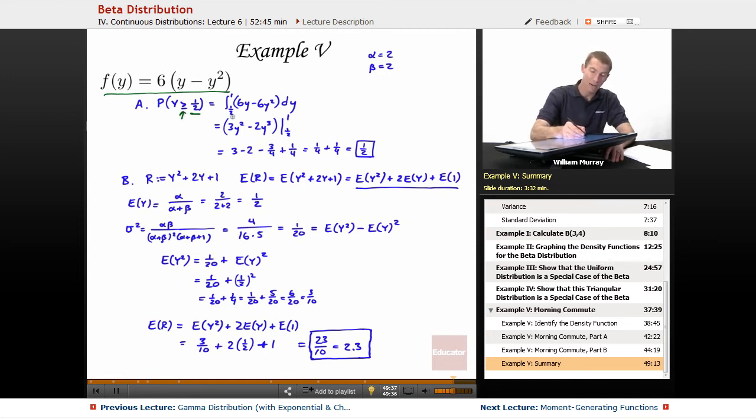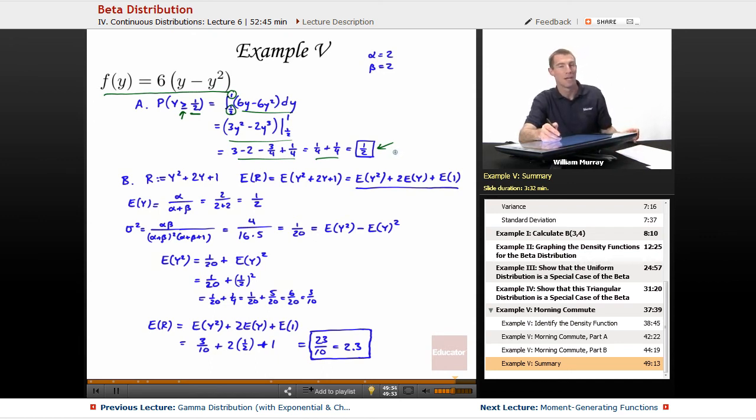So we're going to integrate the density function from 1/2 to 1, and that turns out to be a fairly straightforward integral as long as you keep the fractions straight. And we get that the probability there is exactly 1/2. So half the time your commute will be longer than 30 minutes, half the time it'll be shorter than 30 minutes.